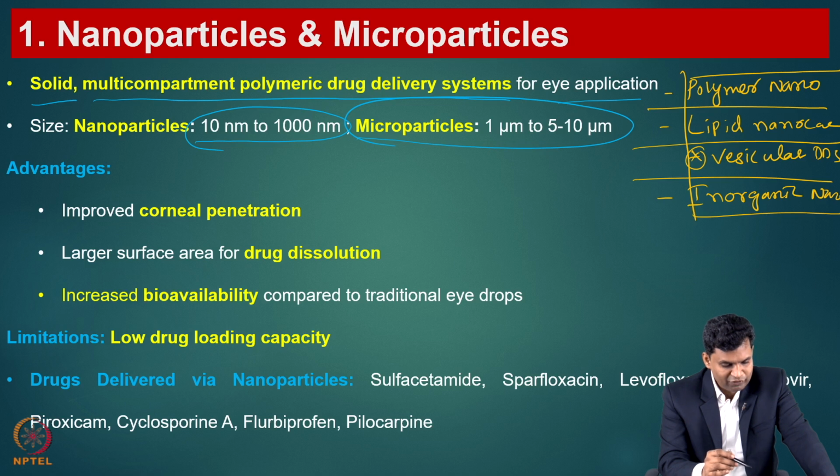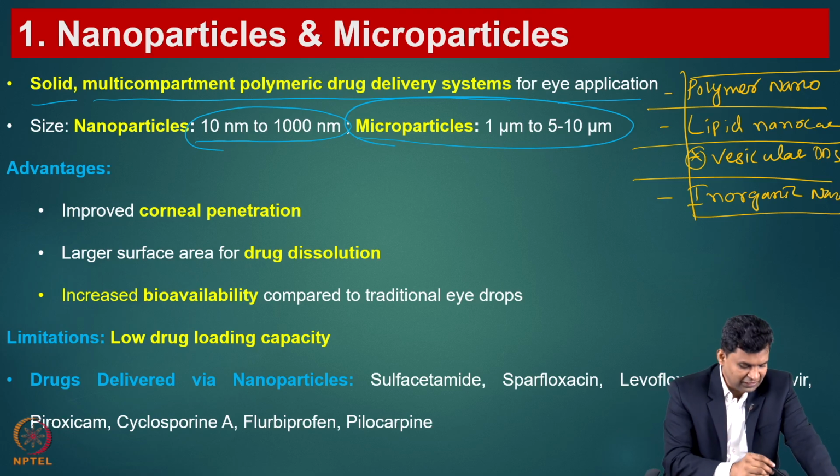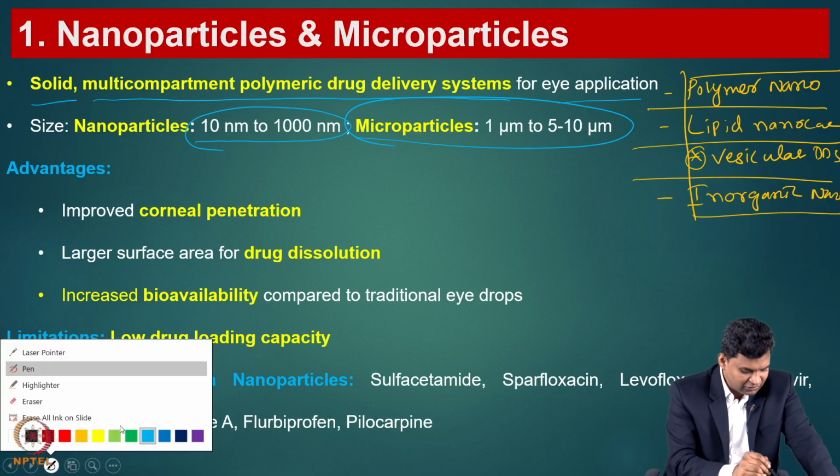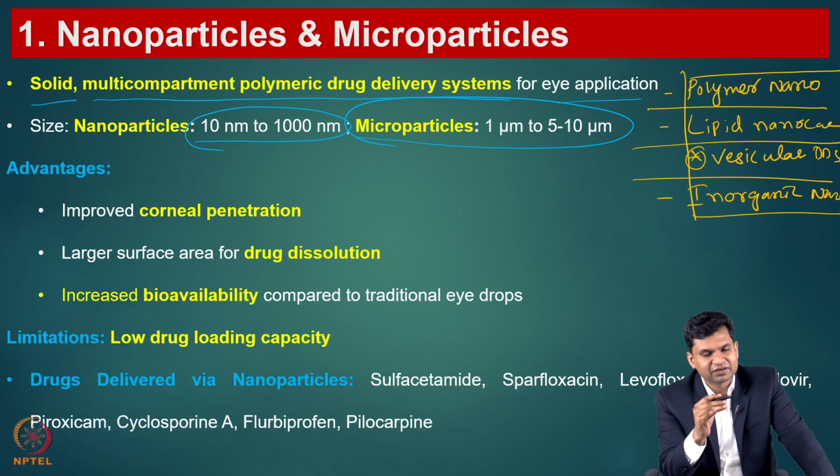So, when you convert your conventional formulation into nanoparticles, you will see a few advantages. Here I have given very limited advantages, but you can refer to our week 2 and week 3 nano carriers as drug delivery systems.